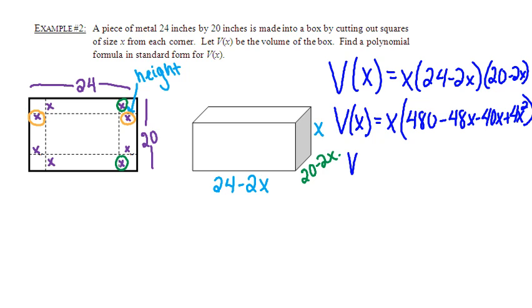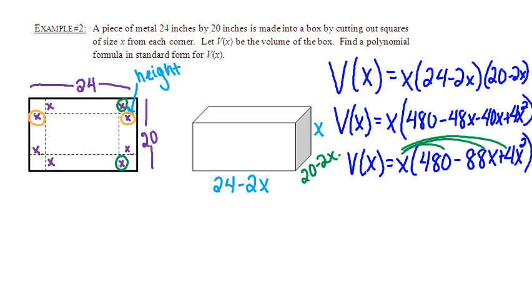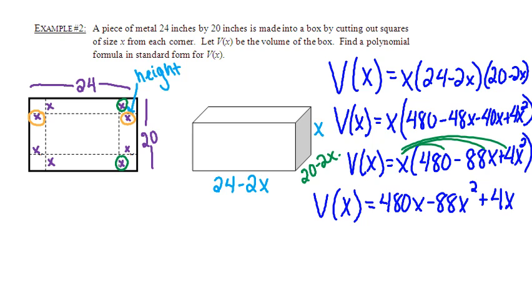Okay, combining my like terms and continuing, we're going to get 480 minus 88x plus 4x squared, and then distributing my x term through, I'm going to get that my volume polynomial v of x is really 480x minus 88x squared plus 4x cubed. I could leave my answer as that, except that it says I want to give my answer in standard form.